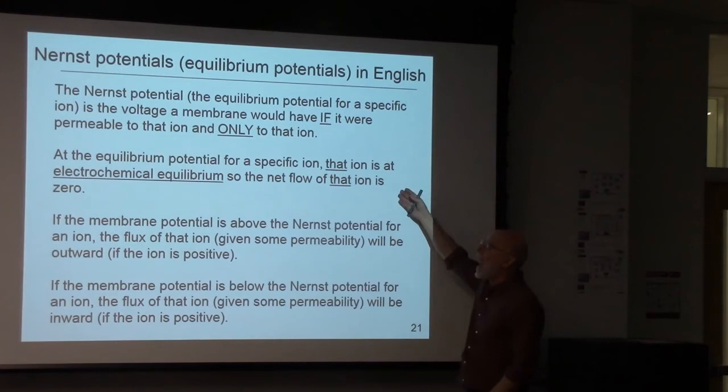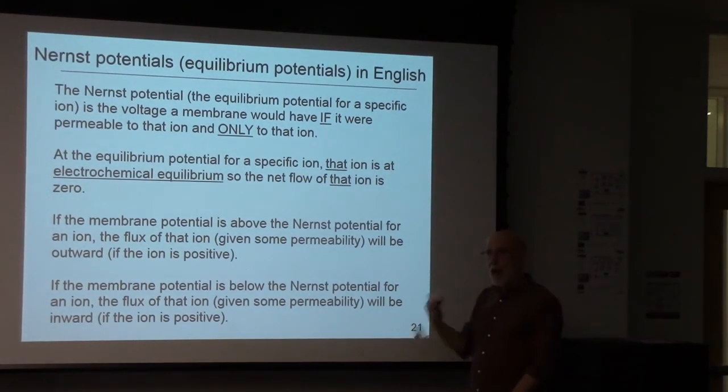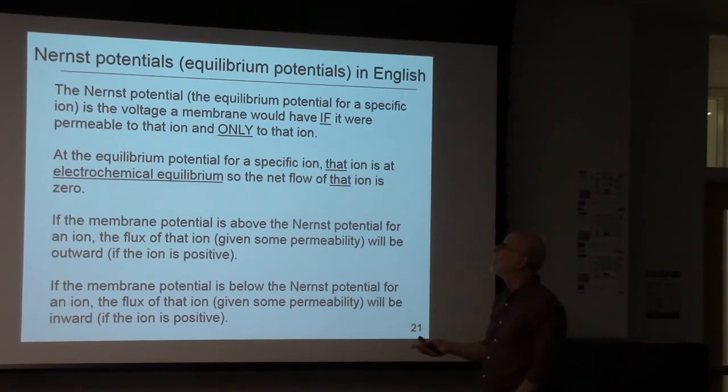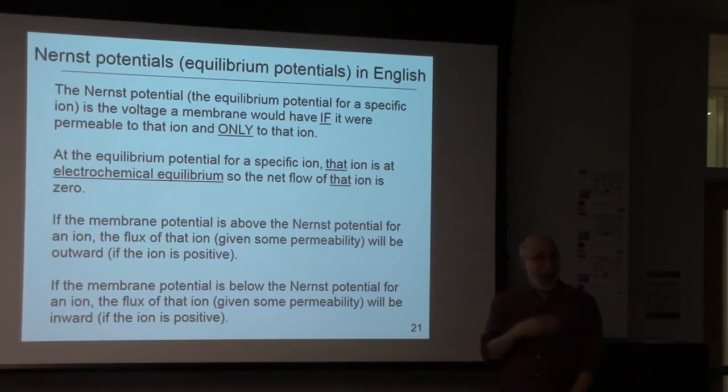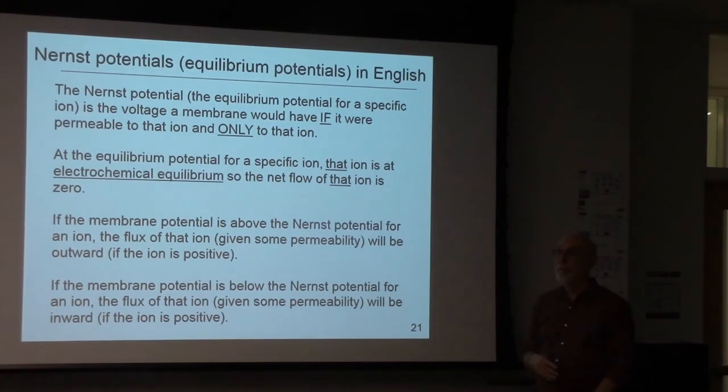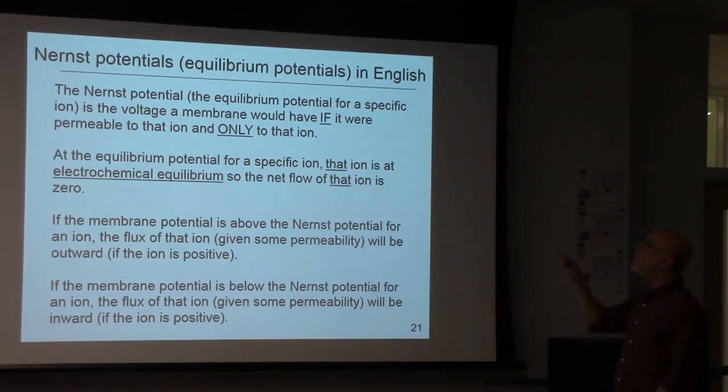Corollary to that is at the equilibrium potential, the Nernst potential, for a specific ion, that ion is at electrochemical equilibrium.